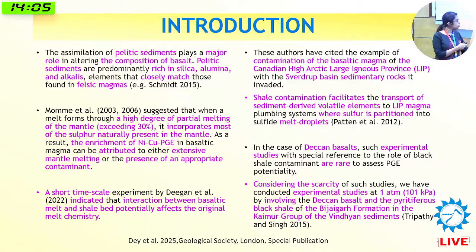And according to Mungall et al. 2003 and 2006, if the partial melting of the mantle exceeds 30%, the sulfur present in the mantle comes into the melt. And for basalt, it is only 15 to 18%. So basalt is not a good reservoir for PGE mineralization.